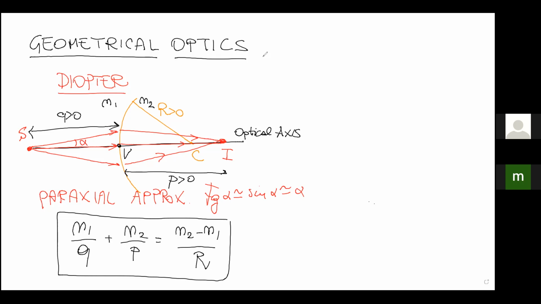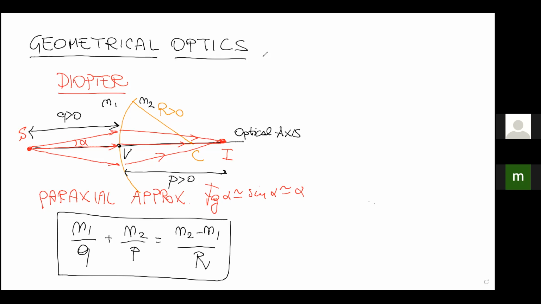These are the conventions. I forgot to say, but generally in optics, you assume that light is coming from the left. So we are, let's say, in the Western tradition rather than in the Arab tradition. Okay. Now, and this is what is called the diopter.